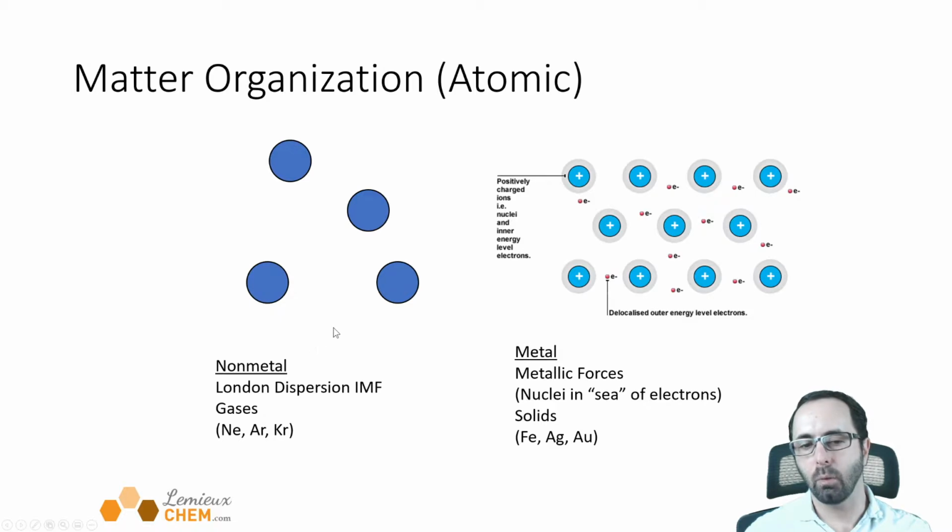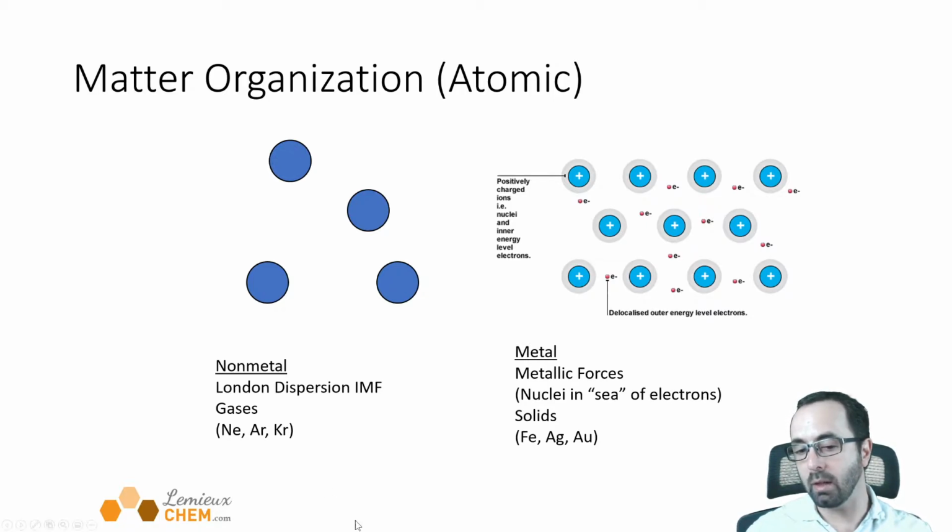And so when nonmetal atoms are atomic, like the noble gases, they are gases. They have very weak London dispersion forces because, as I told you, London dispersion forces get bigger for bigger molecules. But if you have individual atoms, their London dispersion forces are quite small. And so they are all gases at room temperature, with very low boiling points.